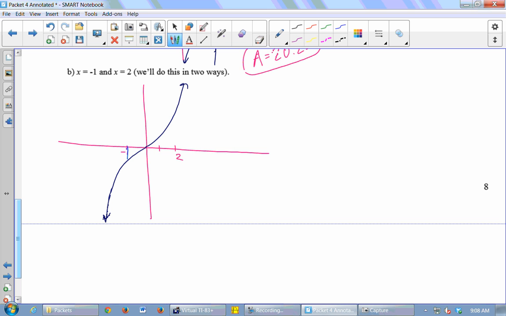Okay, so I'm looking for that area. I'm going to do it in 2 ways. I'm just going to do something a little tricky, right? So what ideas do you guys have if you want to find that total shaded area?